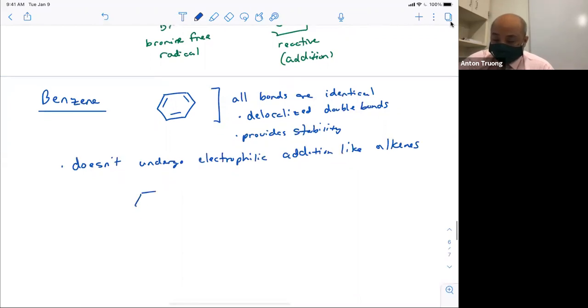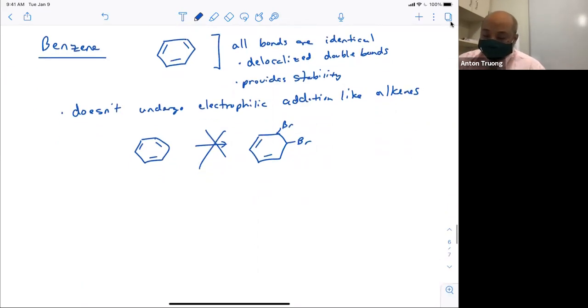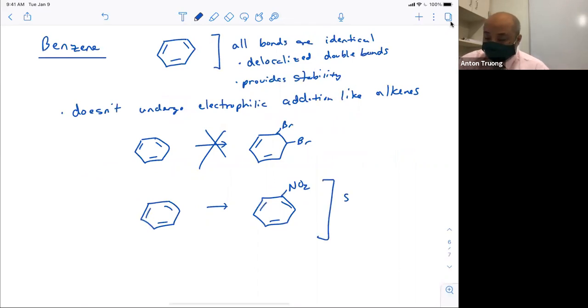So you'll never see something like an addition reaction that you would normally see for an alkene, because of the lack of stability. But you can see a substitution reaction.